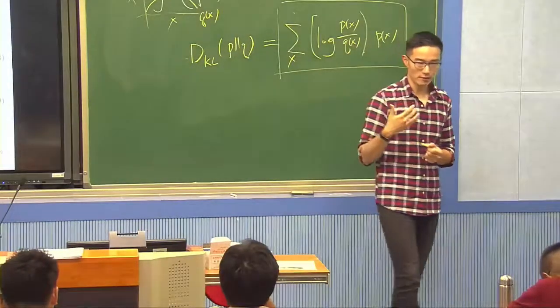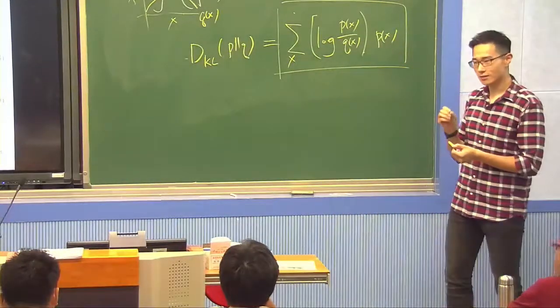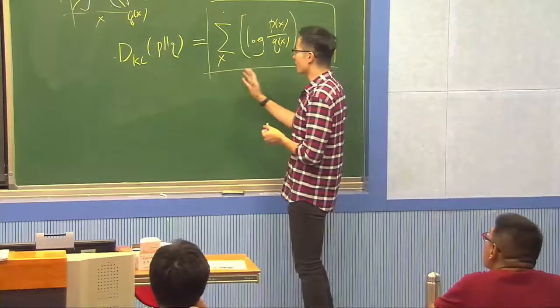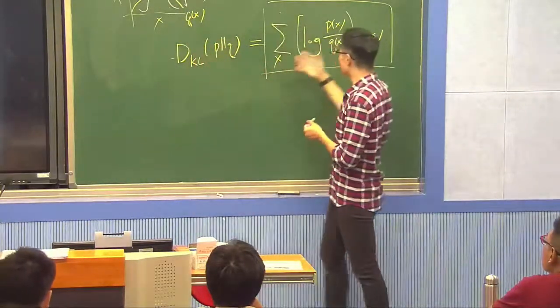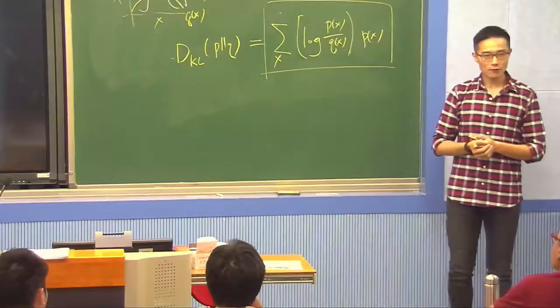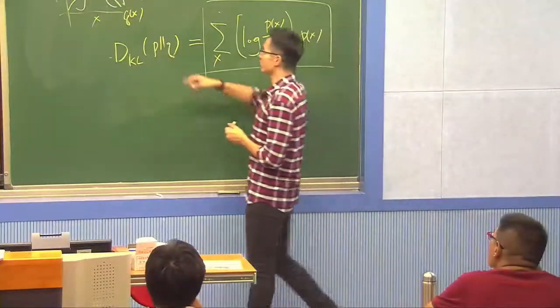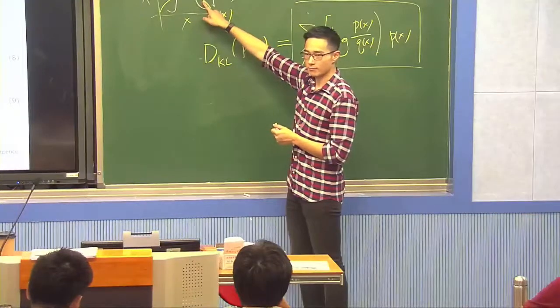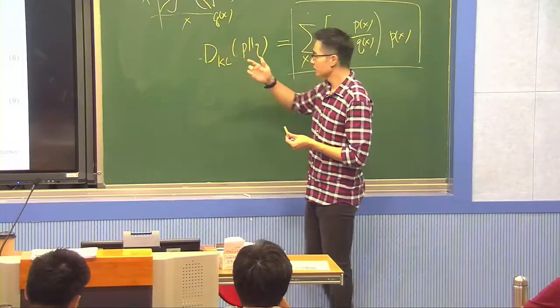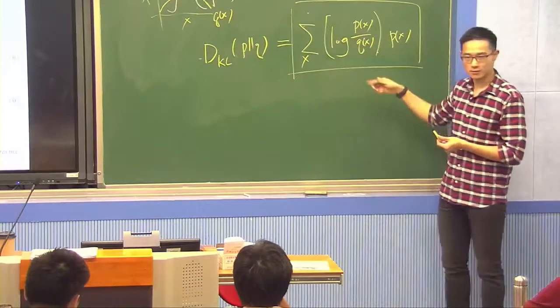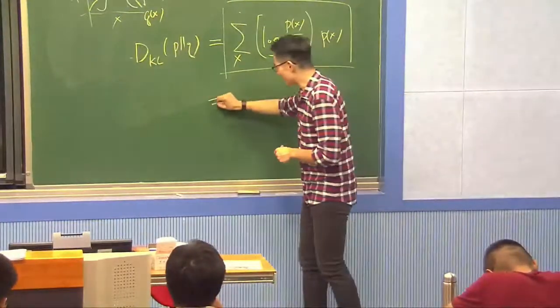Now you have never seen this before, so let me explain. Why can we measure the difference between two distributions using something like this? Well, first of all, what if these two distributions are exactly the same? What if my Q is the true P? What happens to this KL divergence? It's equal to 0.